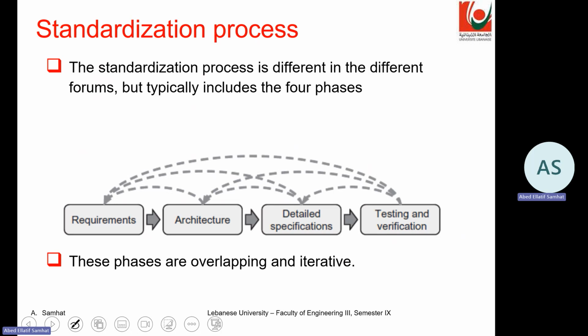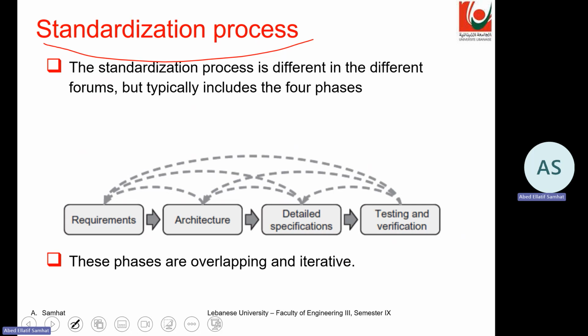So those are the typical standardization bodies. Let's see now what the standardization process is, so how the standards are elaborated. Typically, when we are working on standards, it's not really a one-time job.